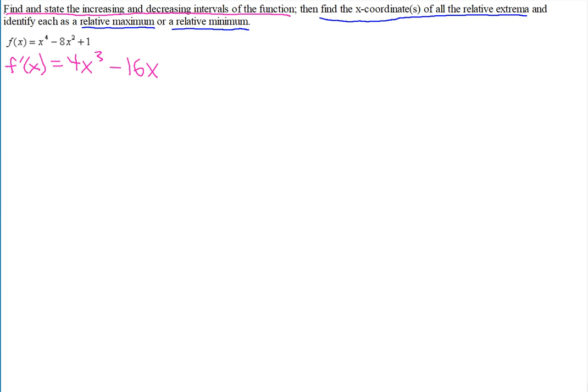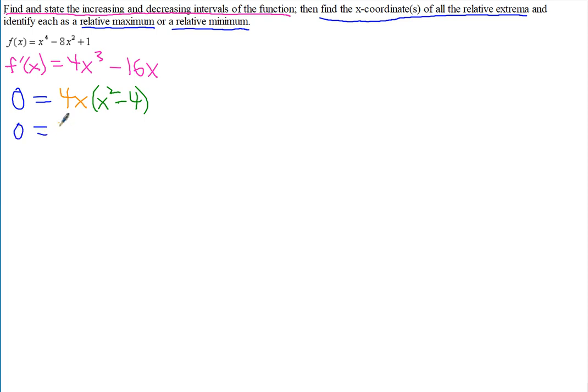In this case, there's no denominator or negative exponent, so we don't have to worry about the undefined case, just what makes it 0. You can factor out a GCF of 4x here, and that'll leave us with x squared minus 4. Notice that factors a little further.